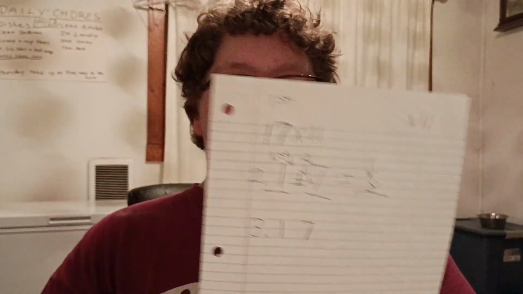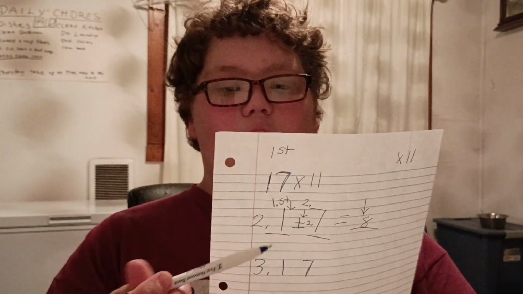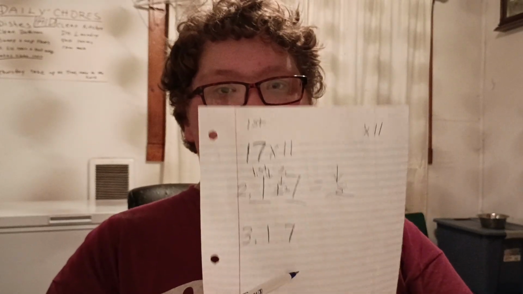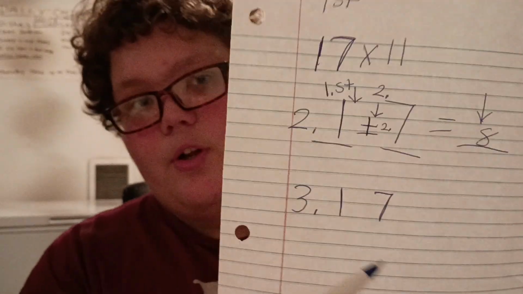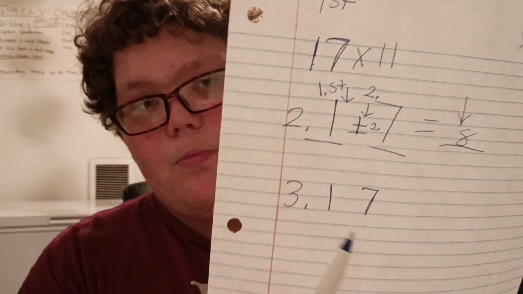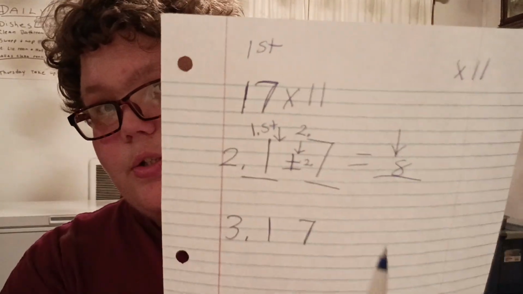Okay, third step is take 17. Okay, you're just doing the same thing you did on number 1. You know how on number 1 you split them? You're doing the same thing for number 2. You're doing the same thing for number 3. You do the same thing you do on number 2 on number 3. Difference is, don't add all of these.